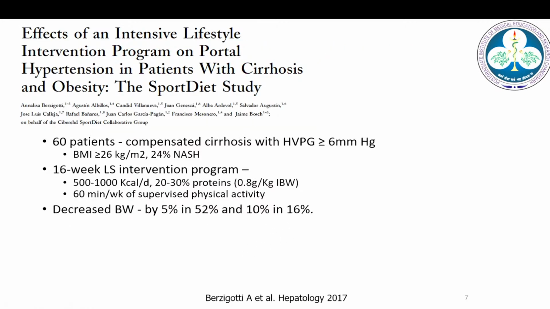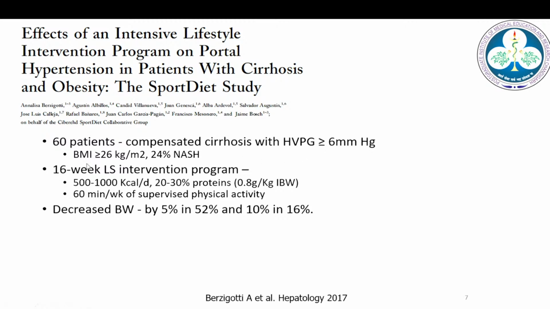So what is the data on lifestyle interventions? Again, this is one study which is widely quoted, known as the SPORT-DIET study. In this study, they took 60 patients with compensated cirrhosis, and they all had portal hypertension, which is defined as HVPG of more than 5.